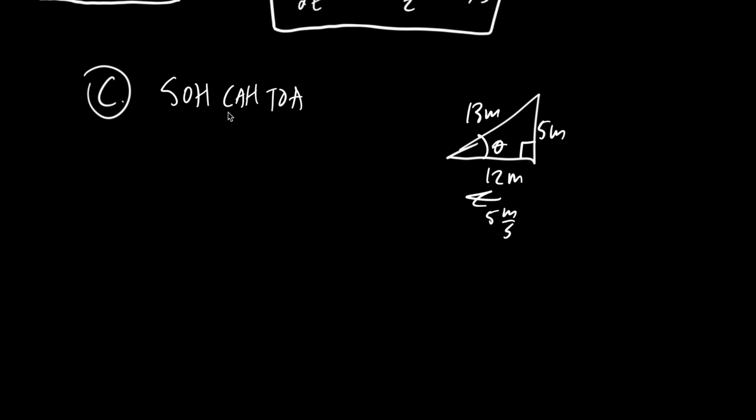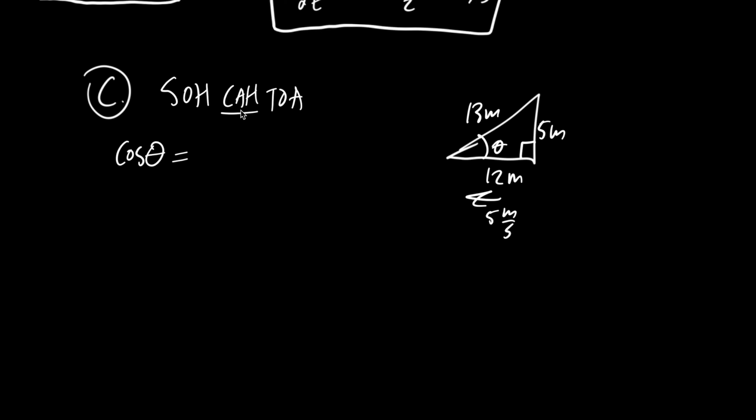I think it would work if you do sine theta, but you can do sine theta or cosine theta. You can probably do tangent of theta, but that would be overly complicated. I'm going to do cosine theta.